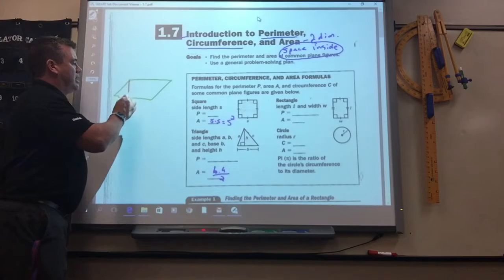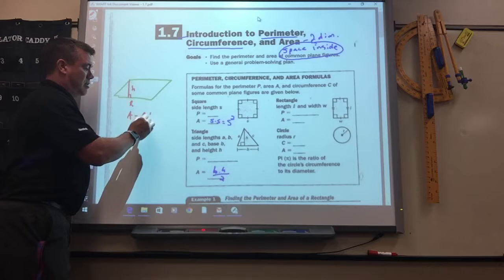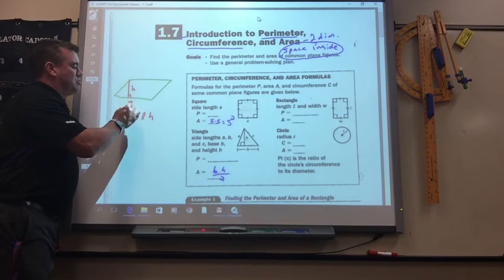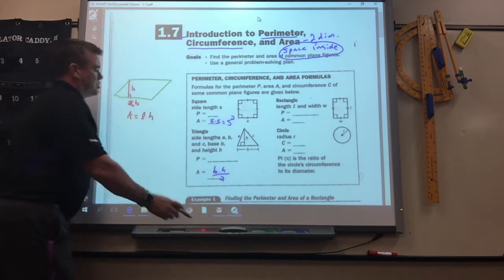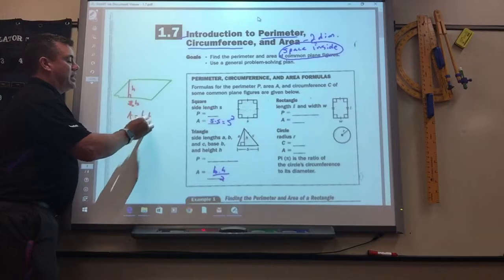This is the length and this is the height. The area is length times height or width. So instead of length they use base, and instead of width they use height. So you could call a parallelogram base times height.